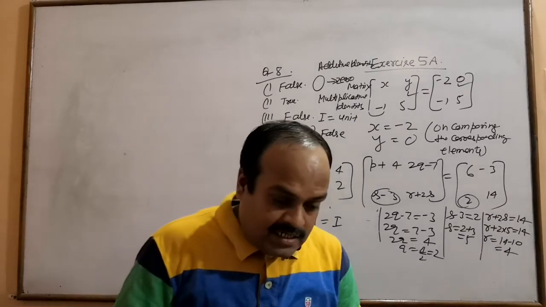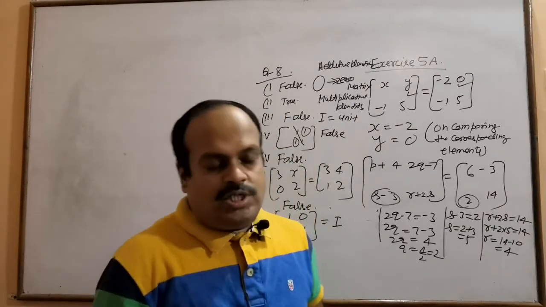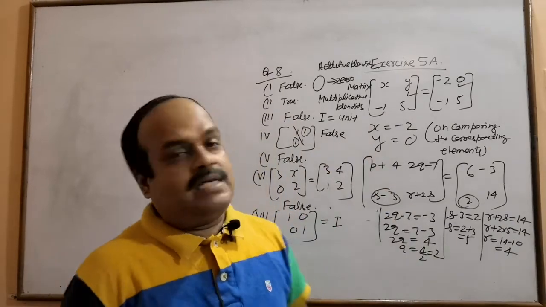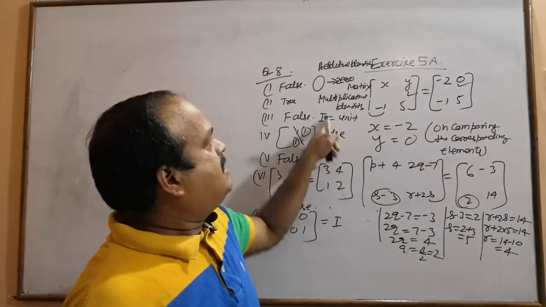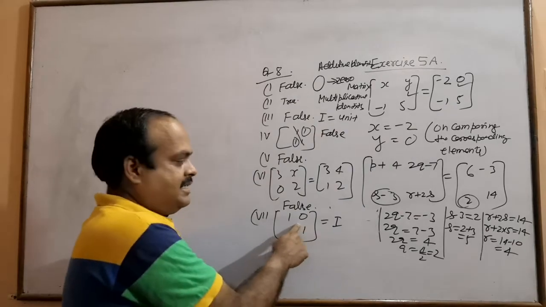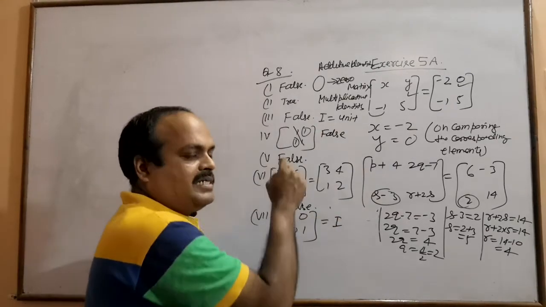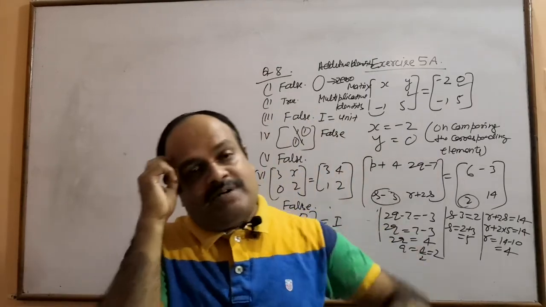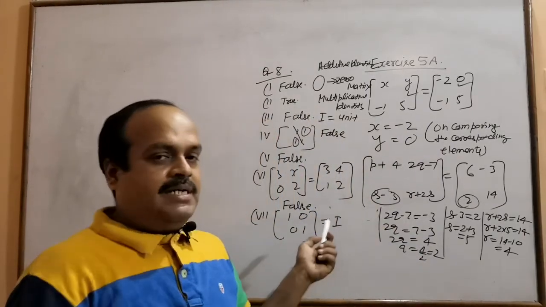So here it is written that the identity matrix 1 0 0 1, which is a unit matrix, is the identity matrix for multiplication, not for addition. This is I, and this matrix is called the unit matrix. This is not the additive identity matrix, this is the multiplicative identity matrix.